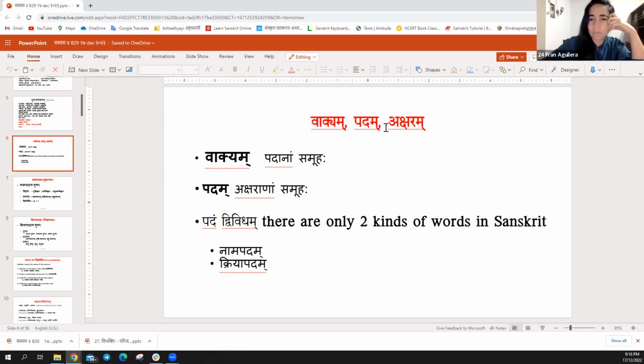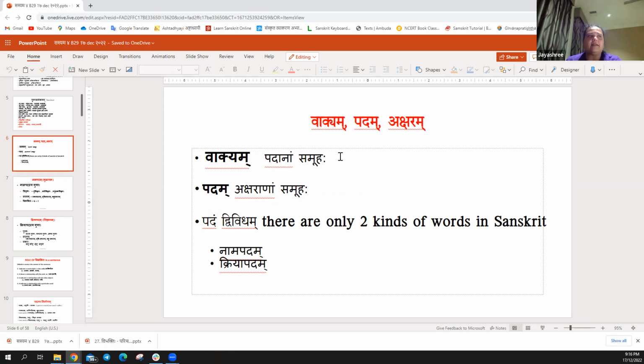Padam? Word. Aksharam? Letter. Letters. Okay. So Vakyam is Padanam Samuhaha. So it is a group of words. Padam is Aksharanam Samuhaha, group of letters.